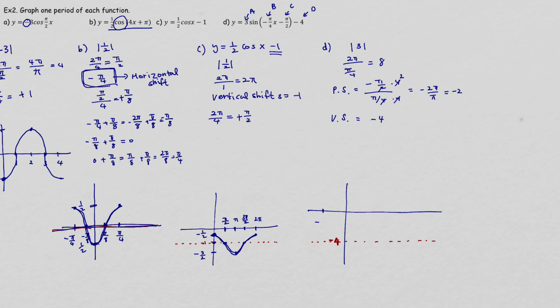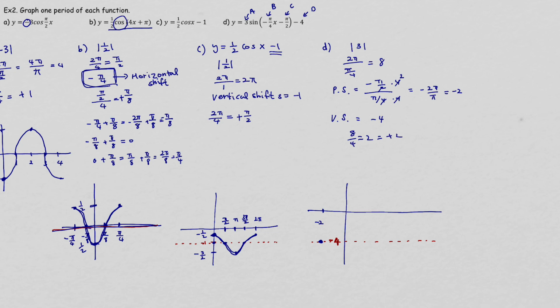Let's say this is negative 2. And remember, this is a sine function, so it starts from the middle, right? And what else do we need to find? The 5 key points, right? That will be 8 over 4, which is going to be 2. So you're going to add 2.